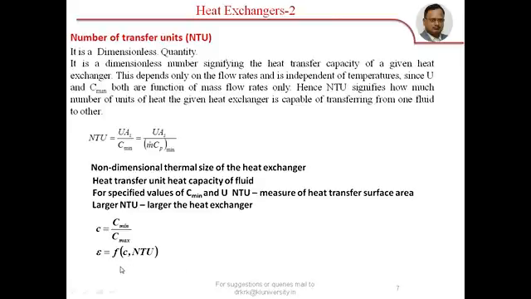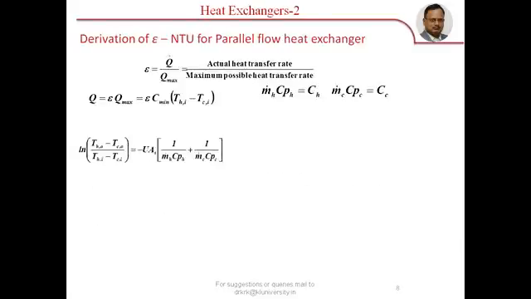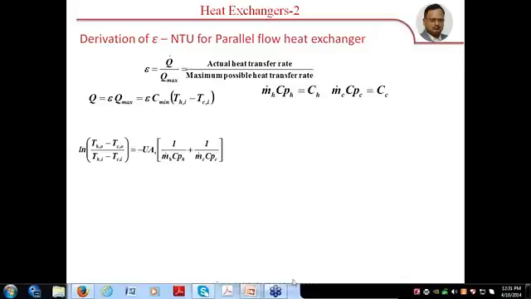Now we have to develop expressions for effectiveness of a heat exchanger in terms of its heat capacity ratio and number of transfer units. You understand now? First, you identify whether MHCH or MCCC is minimum. Now let us see how to establish the relationship between the effectiveness of a heat exchanger as well as the heat capacity ratio and number of transfer units.